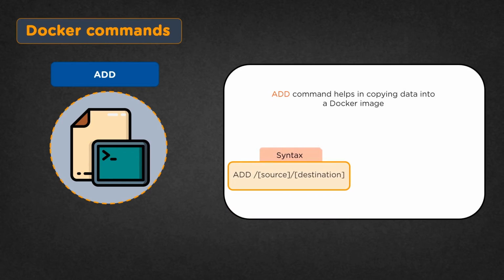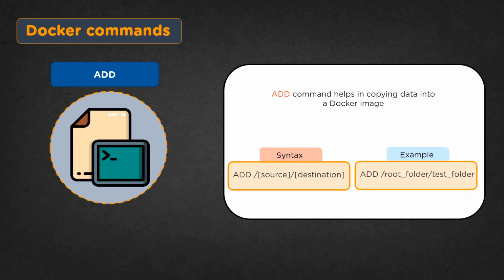So add attribute requires a source and destination. Source will always be the path on the host machine where the files are present, and destination is the folder inside the particular Docker container where we want to store the files.